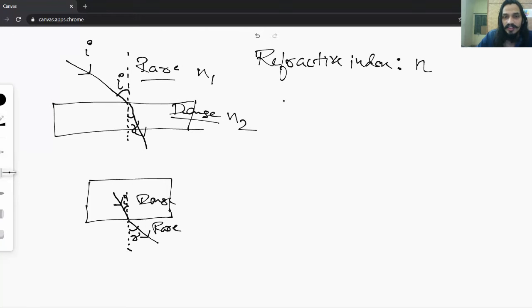Now, if you see the angles I and R, for N1, the angle is I, right? And for N2, the angle is R, related to the medium. Incidence is from the rare medium and refraction is through the dense medium. So there is a connection over here with the angle and the refractive index.